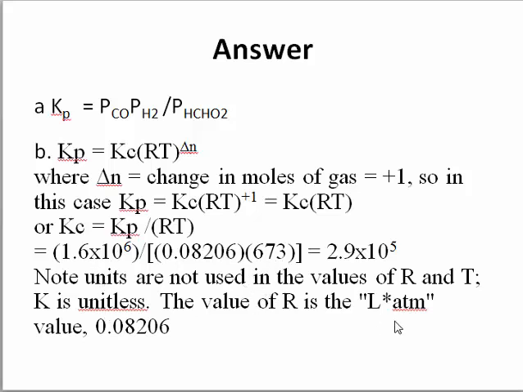I have not used units in the values of R or T. The convention is that K is unitless. You have to know that if it's a Kc, you use concentrations of moles per liter, and for a Kp, you use atmospheres. Note again the value of R that I have used to solve the problem.